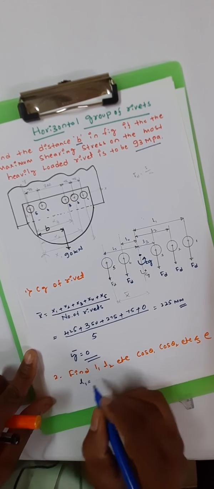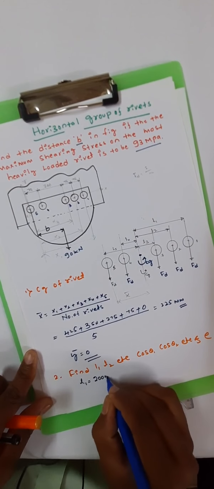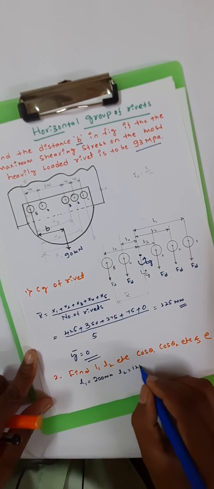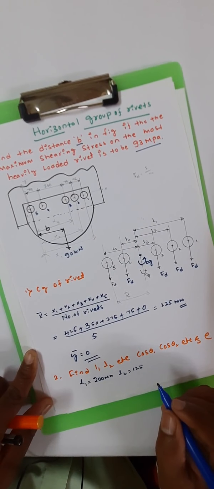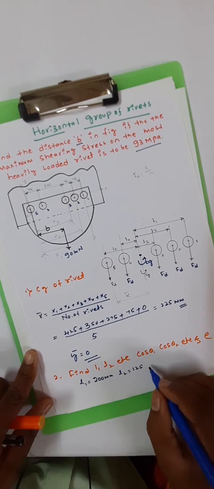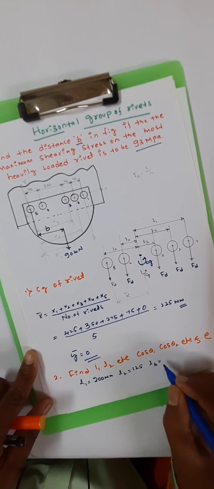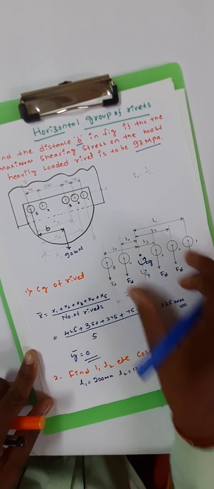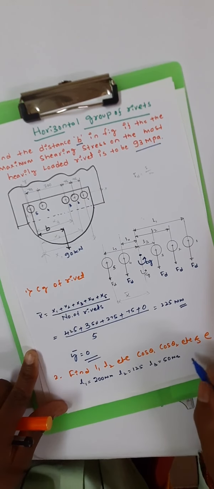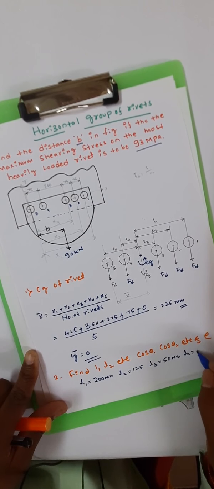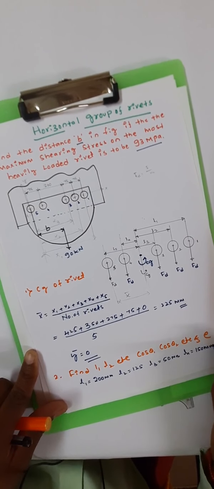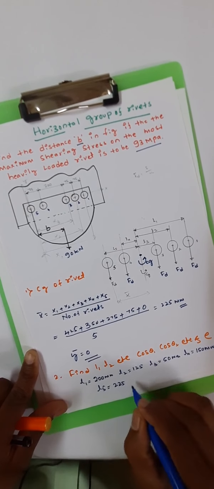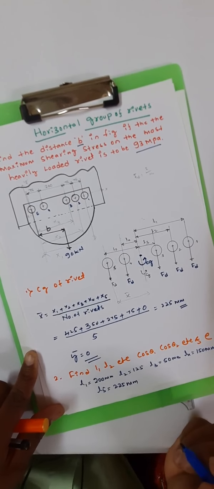L1 is equal to 200 mm, L2 is equal to 125 mm, L3 is equal to 50 mm. From the geometry of this figure, I have directly written L4 is equal to 150 mm and L5 is equal to 225 mm. How to find that L5?